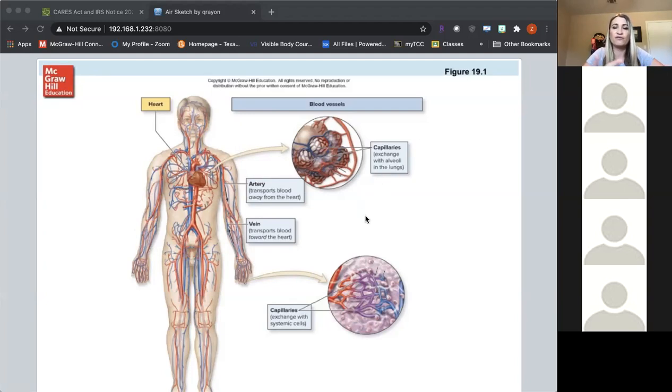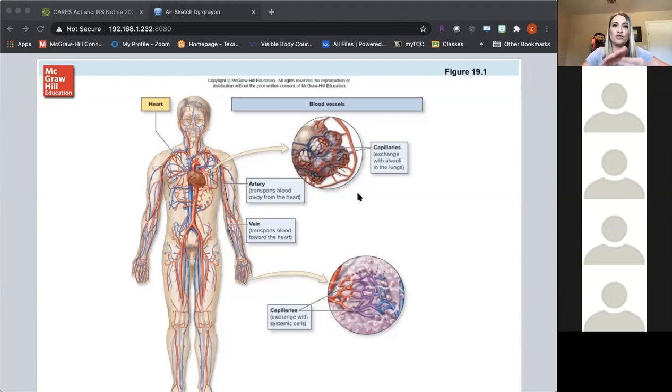The composition of the cardiovascular system includes the heart, blood vessels, and then blood, right? The heart is going to be our pump, so that's going to be the focus of chapter 19. Blood vessels are going to be like your pipes that guide or deliver the blood throughout your body. We have 3 main types of blood vessels, and we will discuss them more in detail in chapter 20.